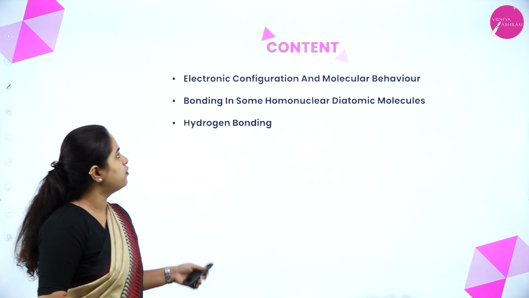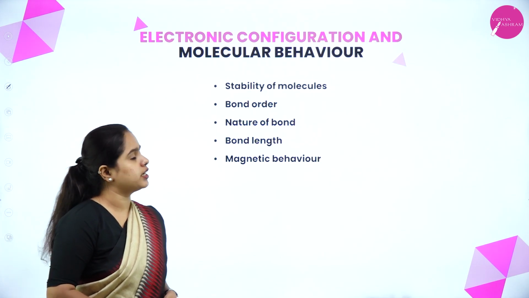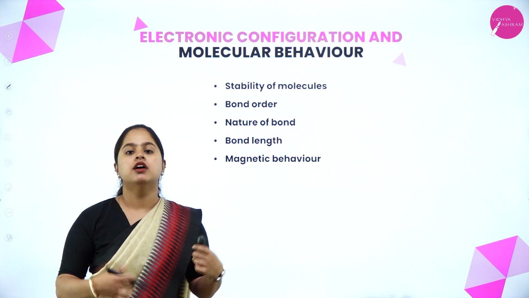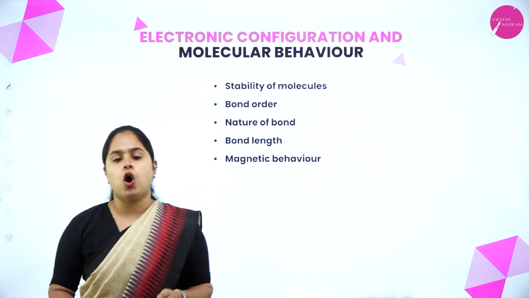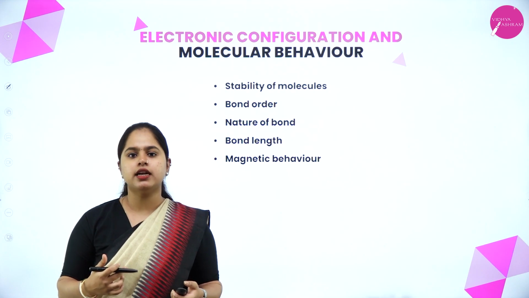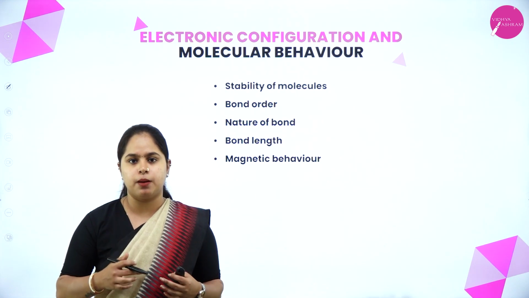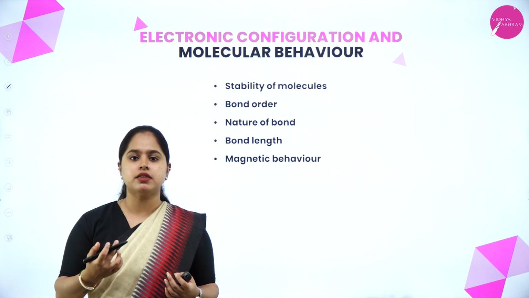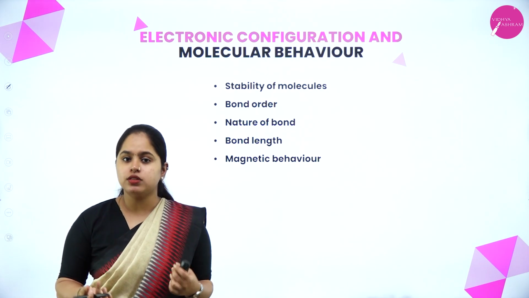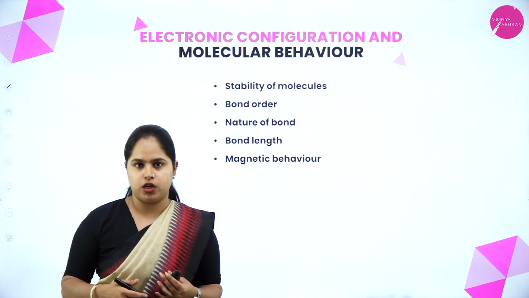So beginning with the first one, that is electronic configuration and molecular behavior. Till now in molecular orbital theory we studied that the atomic orbitals are combining and they form molecular orbitals. So in the case of molecules, the electrons are present in molecular orbitals, right?